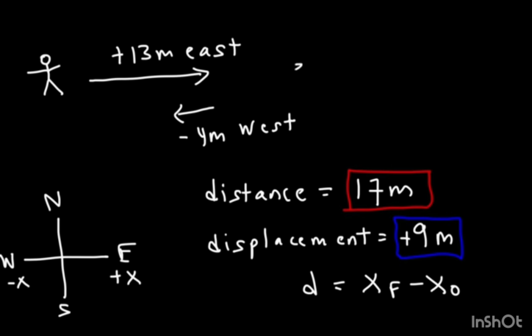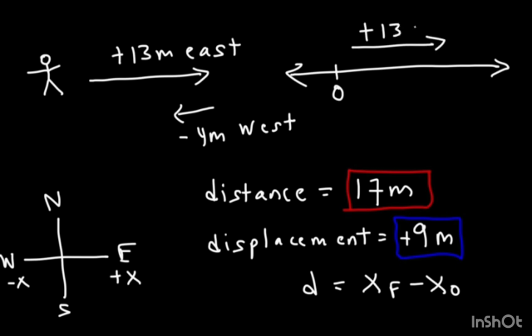And so let's illustrate this with a number line. So let's say that he started at the origin, position 0. He traveled 13 meters east. So because he's moving along the positive x-axis, we assign a positive value here. And then during the second part of his trip, he traveled 4 meters west.